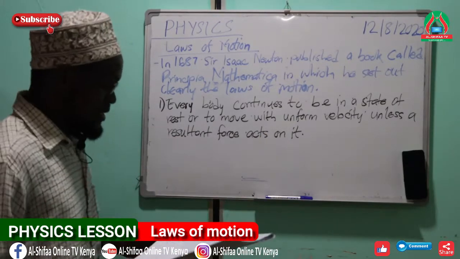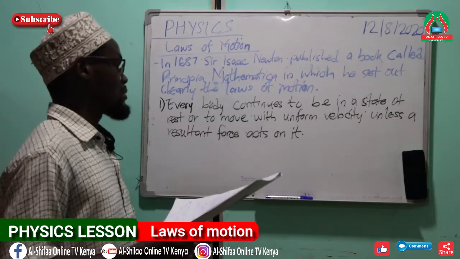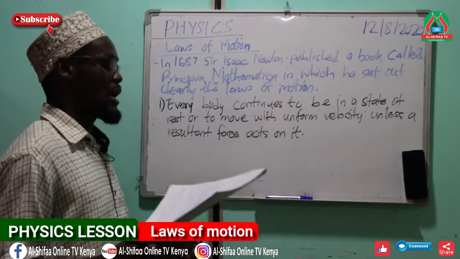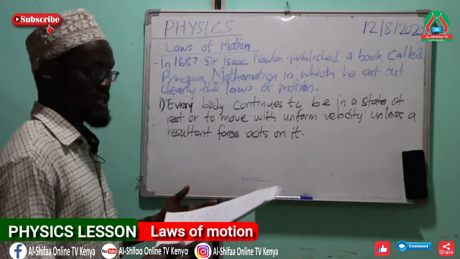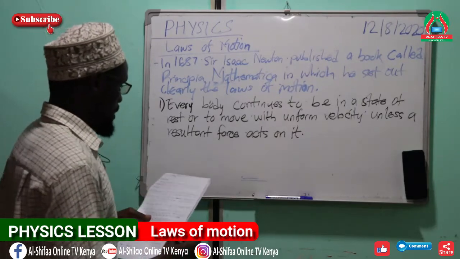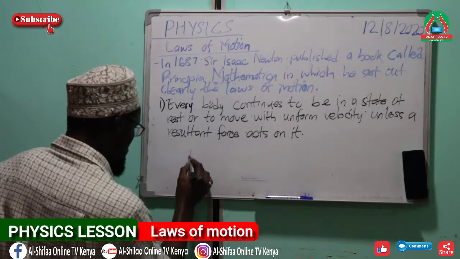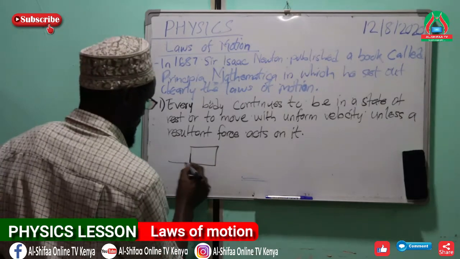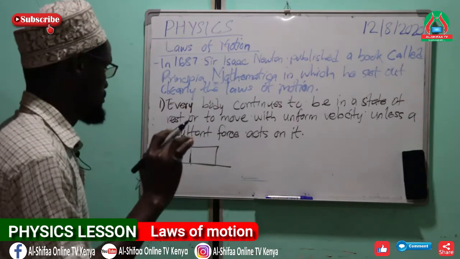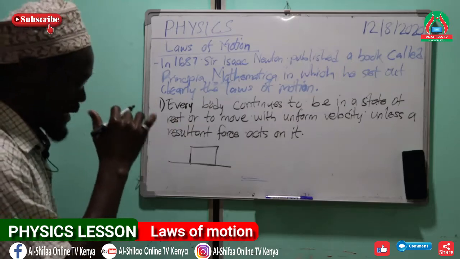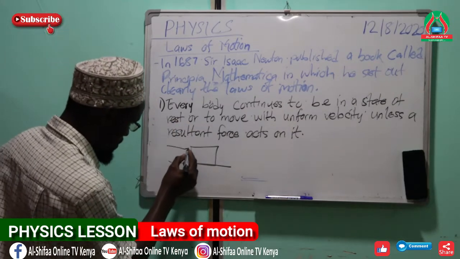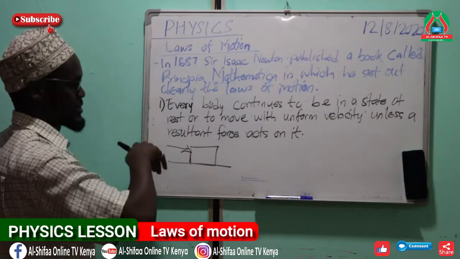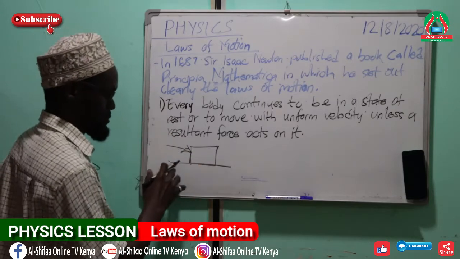It means provided no resultant force acts on an object, if an object is stationary, it will remain stationary unless a resultant force acts on it, so it will make it move.